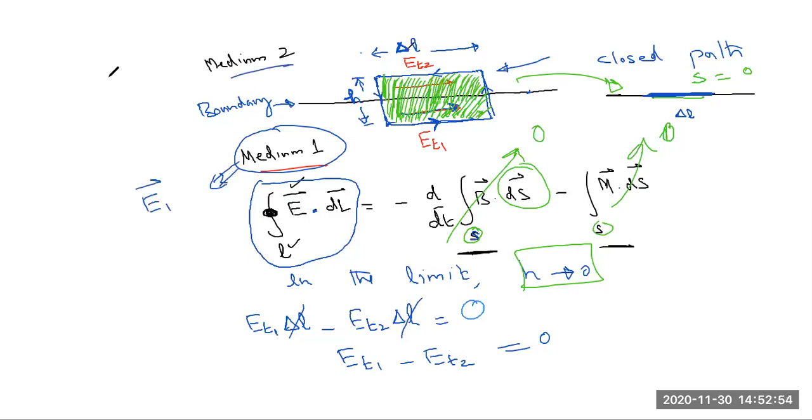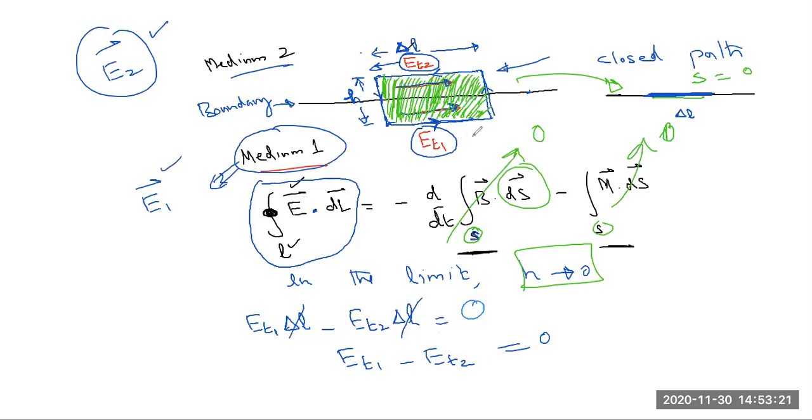In medium 2, the electric field will be represented by E2. This is a vector, it can be pointing in any direction, but I have only considered the component which is parallel to this boundary, or tangent to the boundary. That is why I was calling it ET2. So ET2 is nothing but the tangent component of the total E2, and ET1 is the tangent component of E1.